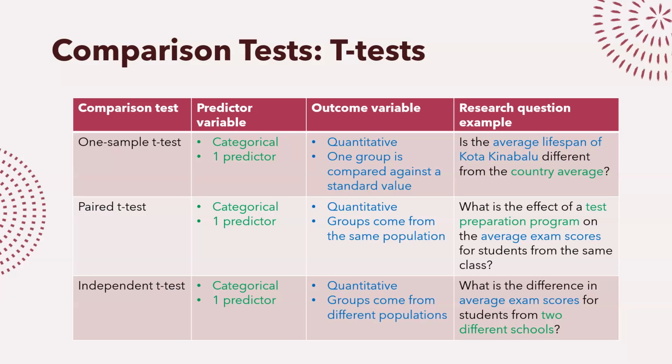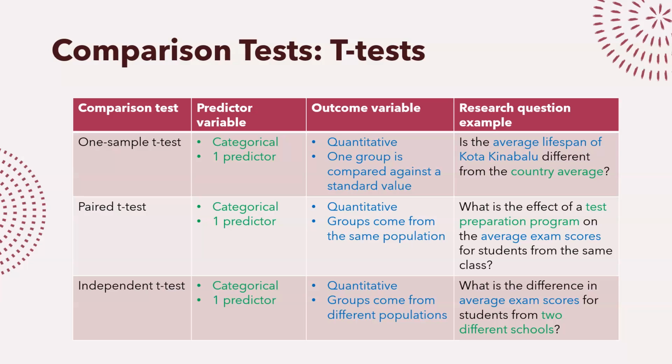A paired t-test is used to compare a single population before and after some experimental intervention or at two different points in time. For example, measuring student performance on an exam before and after being exposed to a test preparation program.